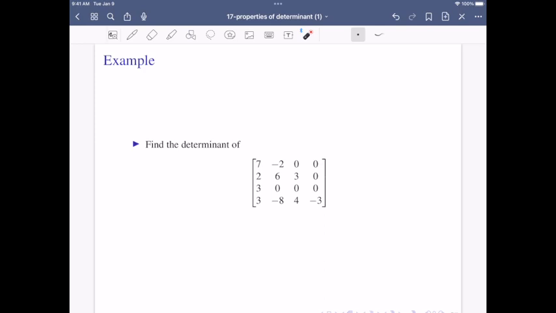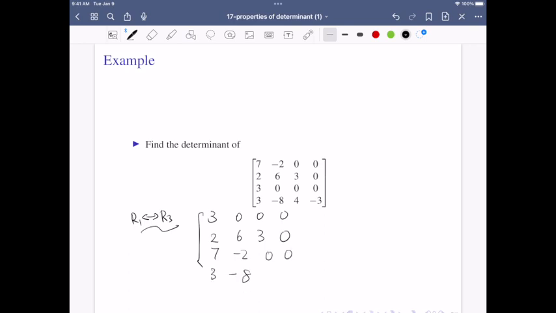And if we rearrange, if you notice that, if you swap these two rows, R1 and R3, then the new matrix will be 3, 0, 0, 0, and 2, 6, 3, 0, and 7, negative 2, 0, 0, and 3, negative 8, 4, negative 3.